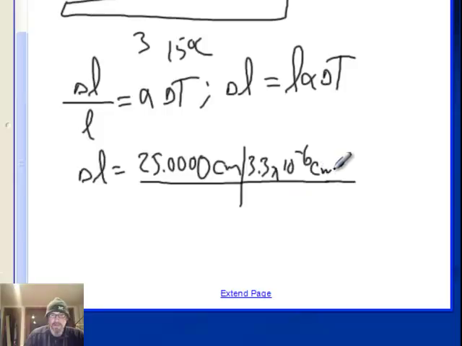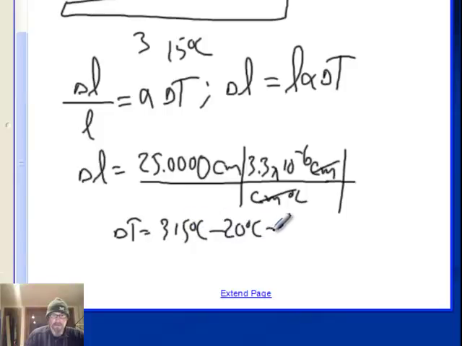Well, we're working in centimeters, so this is just going to be centimeters per centimeter degree C. And you can see that the centimeters just drop out of this. And then we're multiplying by the change in temperature. Well, it went from 20 degrees C up to 315 degrees C. So the difference, delta T, is 295 degrees C. So that's what I'm multiplying by here. All units drop out except the original unit of length.